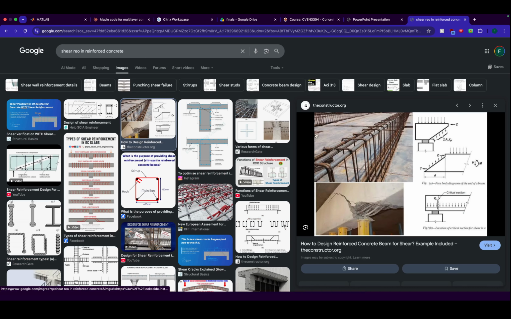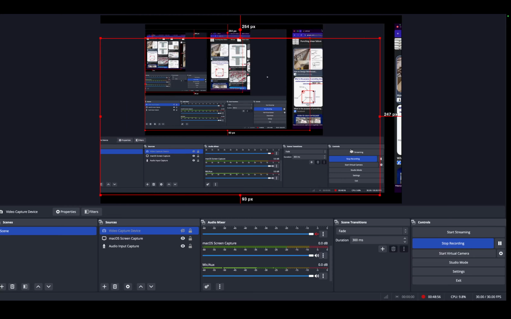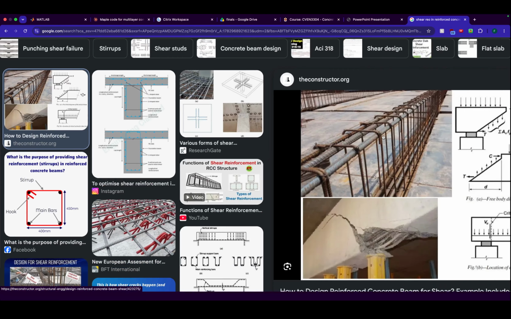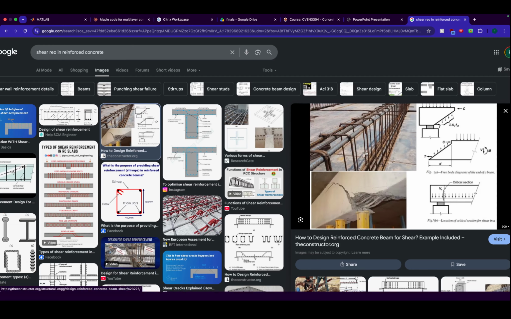This is what it looks like. There's these stuff here. Look at the photo. That's the shear area. This is the primary area. They kind of wrap around the steel bars.